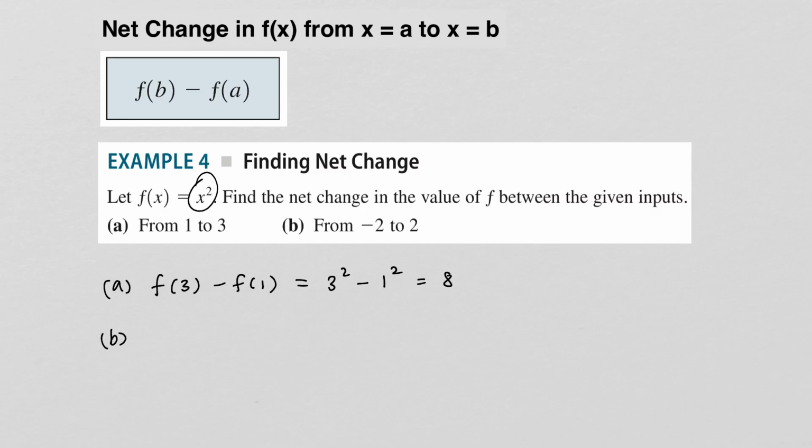And in part B, the net change from negative 2 to positive 2 is going to be f of 2 minus f of negative 2. And this will be 2 squared minus negative 2 squared. 2 squared is 4. Negative 2 squared is also 4, but we are subtracting these, and so in this case, the net change would be 0.